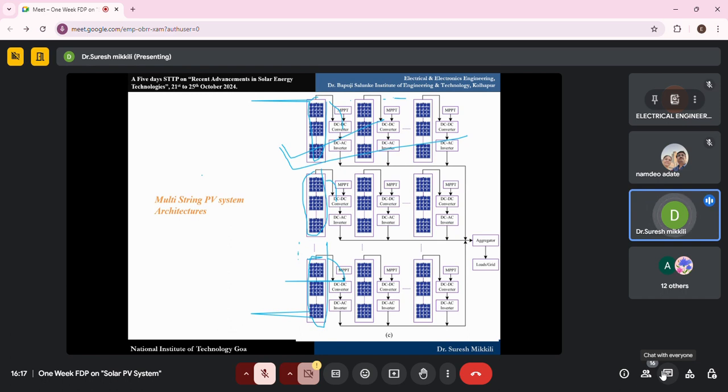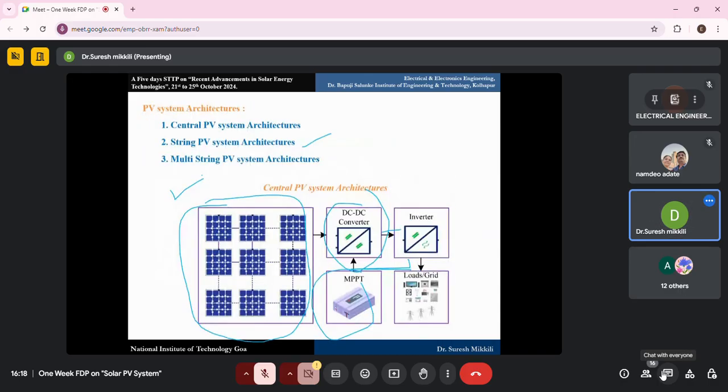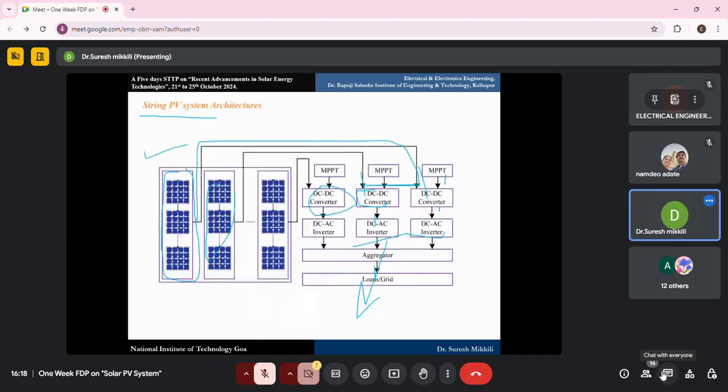So the preferred choice is multi-string for utility purposes, string for commercial buildings, and central for household purposes. You can't use it vice versa. At your home you have no need of multi-string or string because the power ratings are small. Is it fine?